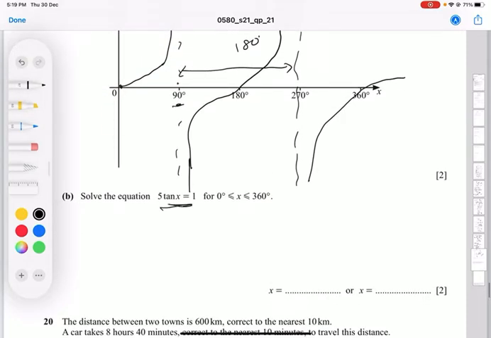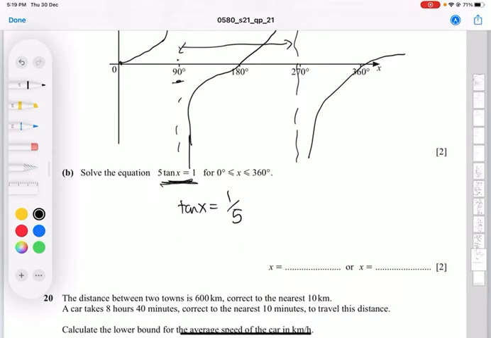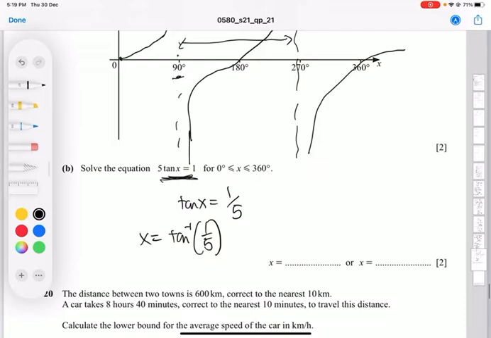Now I'll ask you to solve the equation 5 tan x equals 1. Divide both sides by 5 and you get tan x equals 1 over 5. Now you're going to have to solve this, so x equals the inverse tan of 1 over 5. Remember the unit circle.